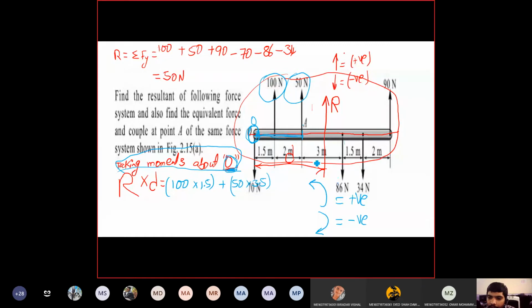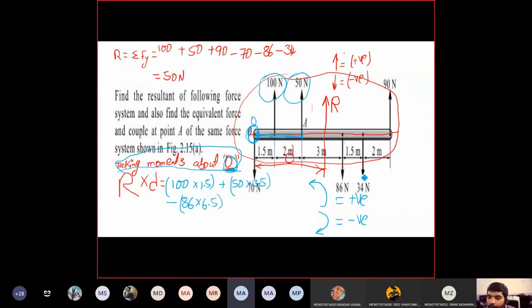What is the perpendicular distance? 5 plus 1.5, how much? 6.5. Minus or plus? Minus 86 into 6.5. Very good. I hope you are getting these things.